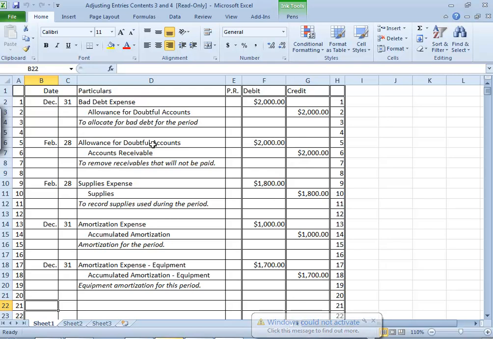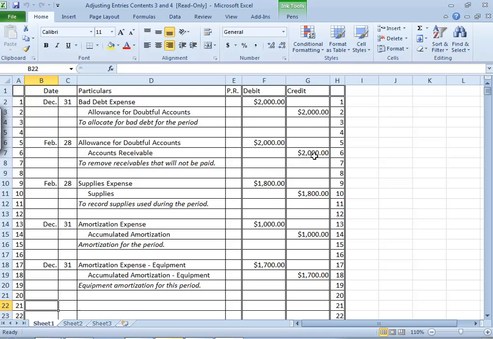Allowance for doubtful accounts is just a temporary account that we're keeping track of how much we think we might not be able to collect from the people who have purchased services or goods from us, our customers. And so we would debit the allowance for doubtful accounts, and accounts receivable would get credited $2,000.